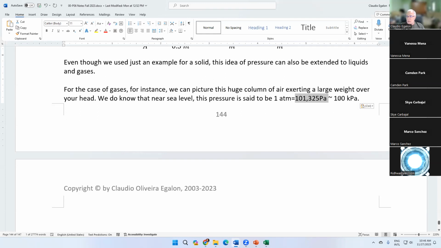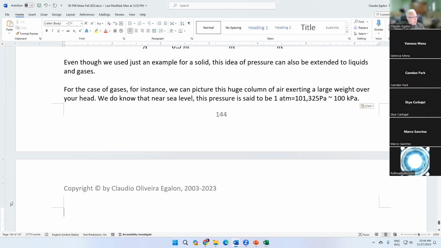That's what I tell my students. Remember that 100,000 Pascal is the air pressure at sea level. If you go to higher mountains, the pressure is going to be lower because you left below a large amount of gases that's not weighing on your head.